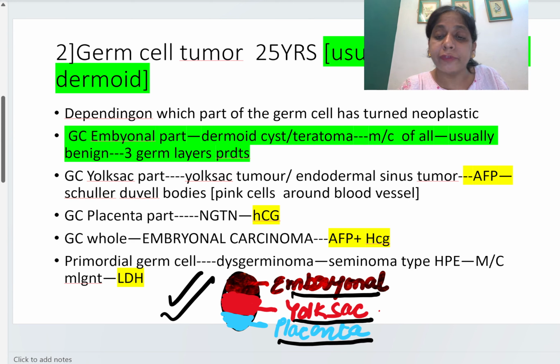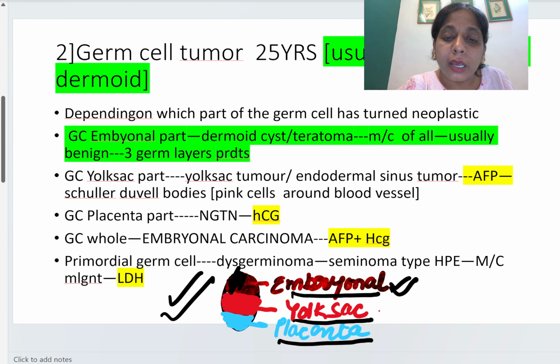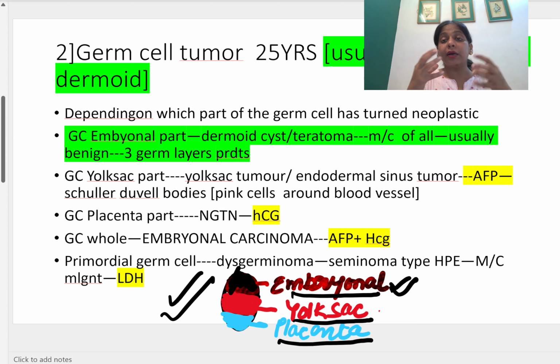Now if the upper part, which was making the embryo, becomes tumorous, then in the tumor we are going to see the different parts of the embryo, and that is what we see in the dermoid cyst or teratoma.